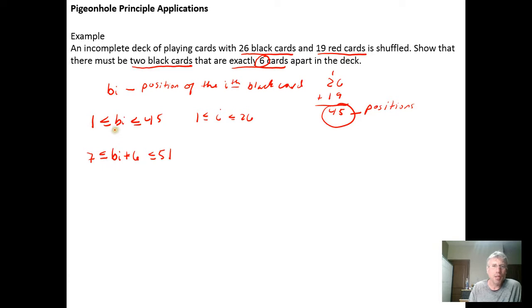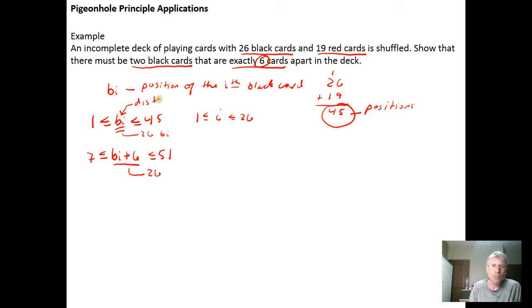So how many b sub i's are there? Well, i goes from 1 to 26, so there's 26 b sub i's. And how many b sub i plus 6 numbers are there? There's 26 of them here. I know that these b sub i's are distinct.